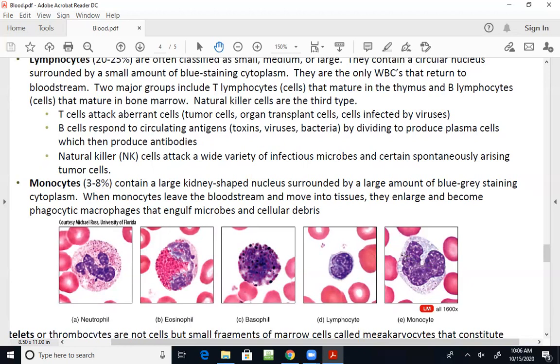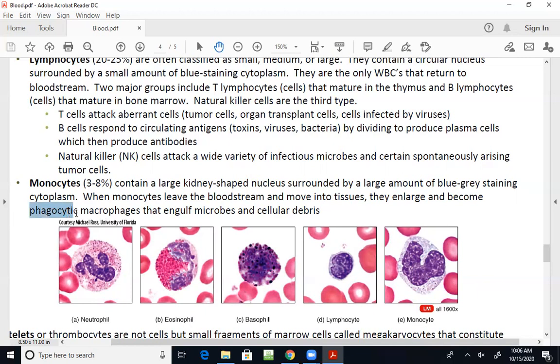Monocytes themselves are not so important, but what is important is what they become, what we call macrophages. Macrophages are formed when monocytes leave the blood and then mature and enlarge into phagocytic macrophages.